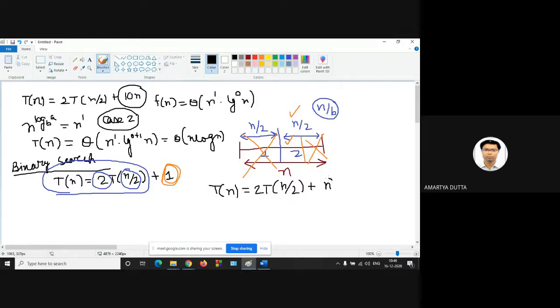But why is the toll function order of n? Because you have to deal with n number of elements. You can't discard any part of the array. You have to combine the result, and the combination depends upon the n number of elements of the array. That's why the toll function is order of n.